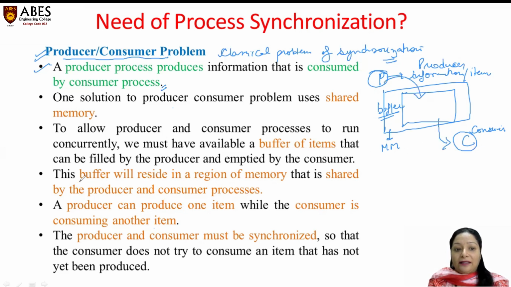Now, this buffer will reside in a region of memory and be shared by the producer and consumer processes. This is a very important point to consider in this problem: the producer can produce one item while the consumer is consuming an item, right?